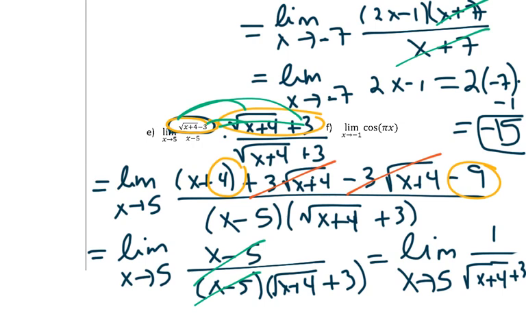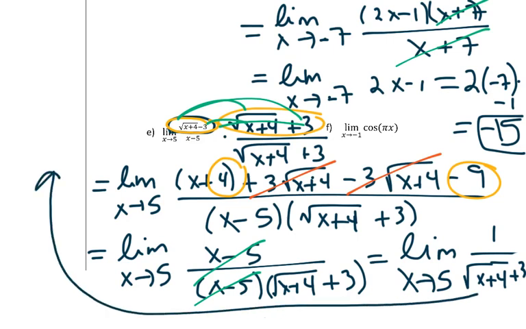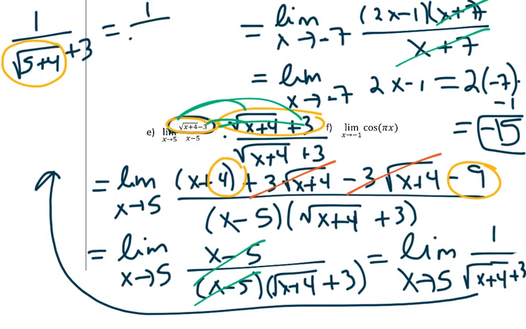At this point, I am going to try direct substitution. I'm running out of room here, so let me go up here. If I directly substitute the 5, I'm going to have 1 over the square root of 5 plus 4, plus 3. Notice this is the square root of 9, and the square root of 9 is 3, so that's 1 over 3 plus 3, which gives me 1 over 6.